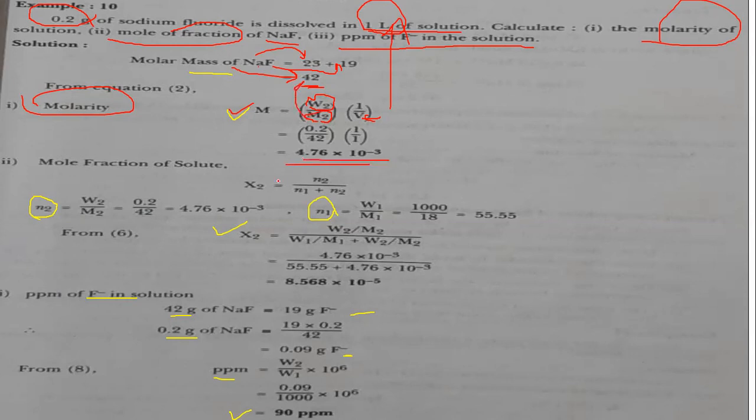Now mole fraction: moles of solute upon moles of solvent plus moles of solute. So put the values now here. Find out the N2, W2 upon M2. How much is W2, the solute? 0.2 upon molar mass. So this is the N2. And for water, the weight is 1 liter of water, right?